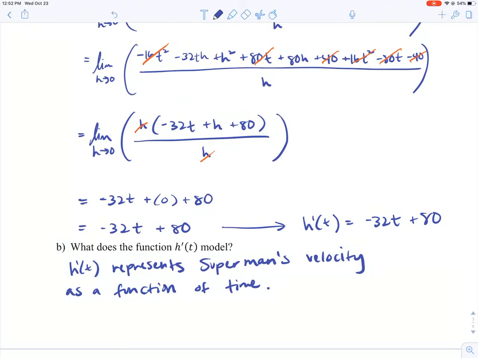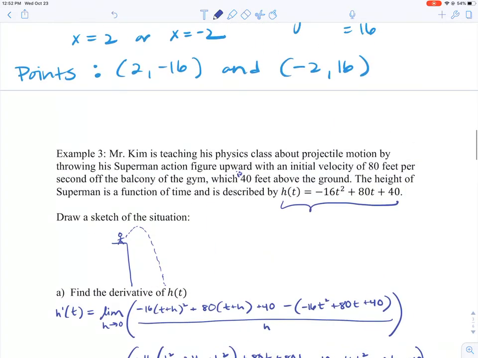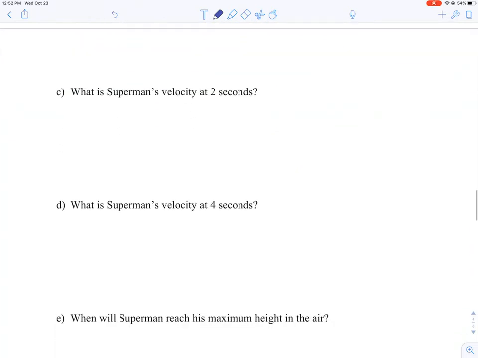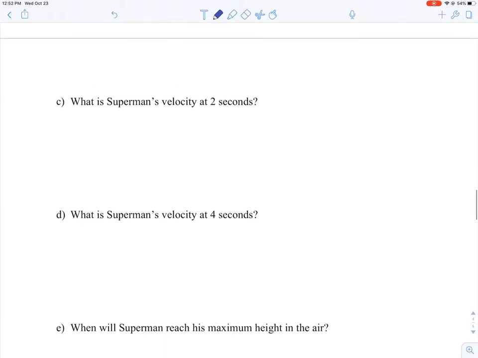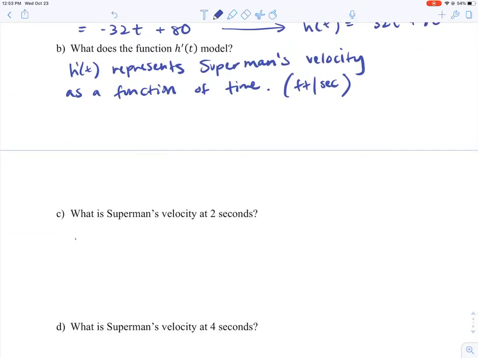And the units for velocity in this case, the height is being measured in feet and time is being measured in seconds. So velocity will be in feet per second. So when we want to determine Superman's velocity at 2 seconds, we're just going to plug 2 into h prime.